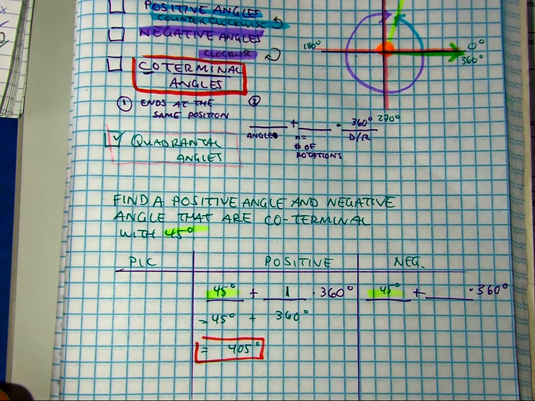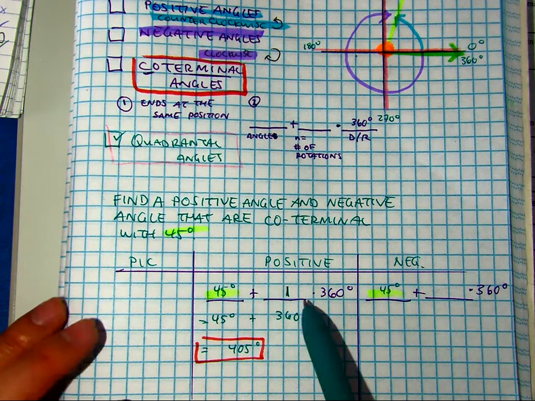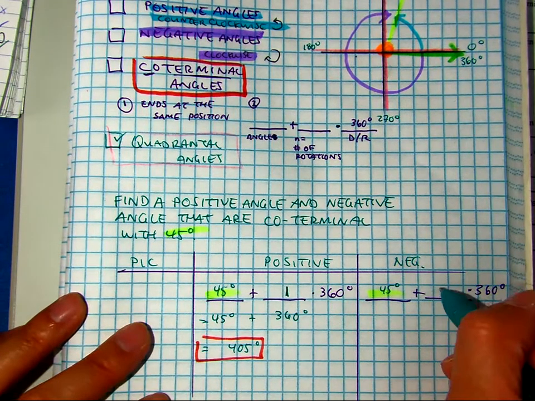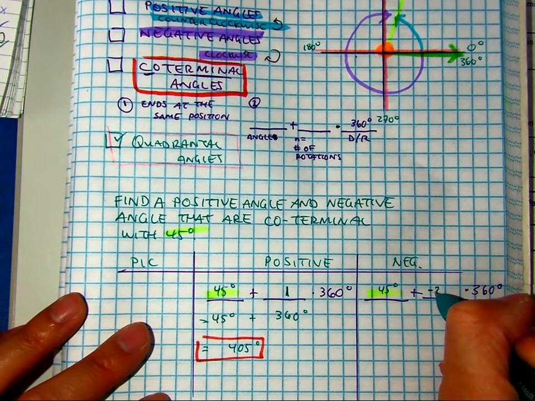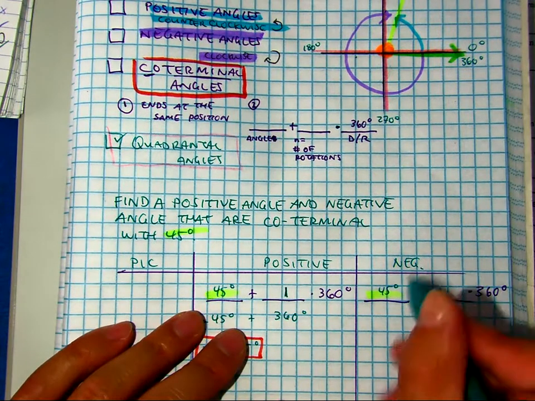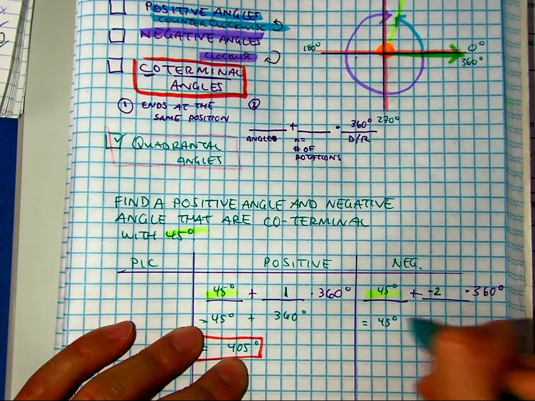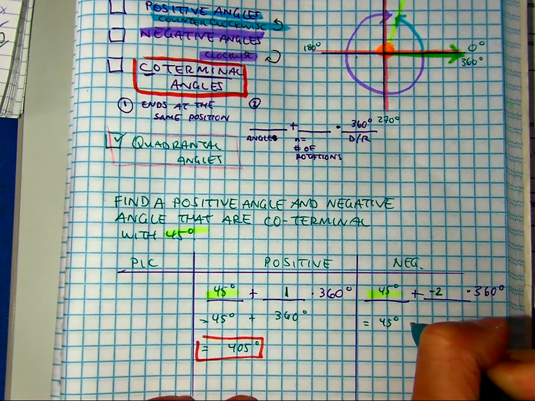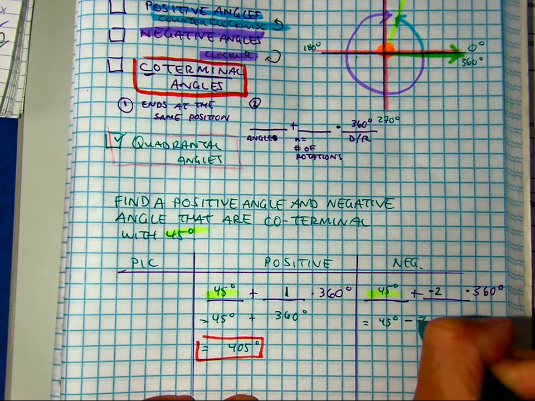So basically you could put any positive number in here. Does that make sense? Here, let's just say, I don't know, -2. So -2 times 360 would be? -720.